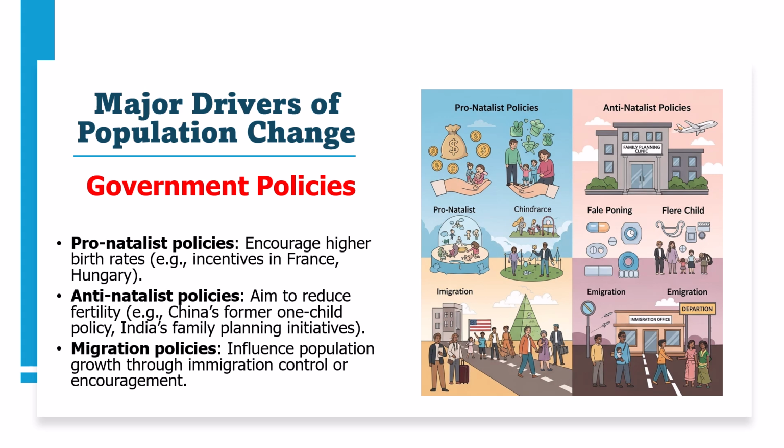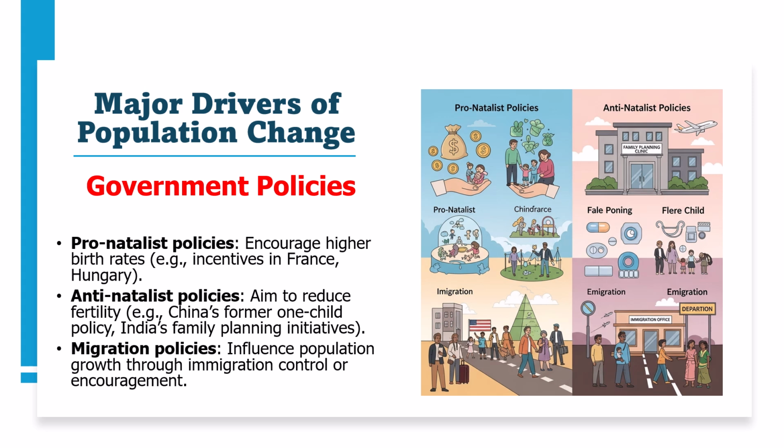Government policy plays a powerful role in shaping population change. Pro-natalist policies are designed to encourage higher birth rates by offering incentives such as financial support, parental leave, and child care benefits, as seen in countries like France and Hungary. On the other hand, anti-natalist policies seek to reduce fertility rates, with examples including China's former one-child policy and India's family planning programs.